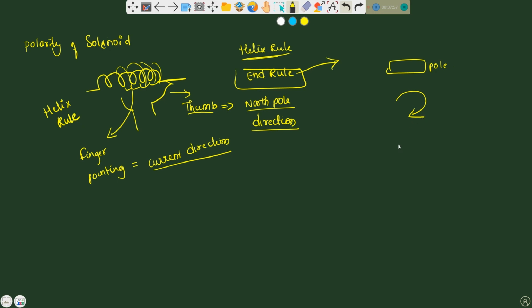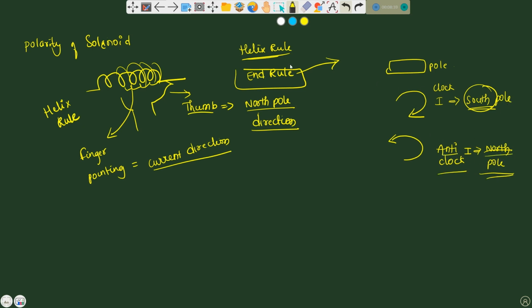If the current direction is anti-clockwise, then that pole is north. So current direction in clockwise gives the south pole, and current direction in anti-clockwise gives the north pole.